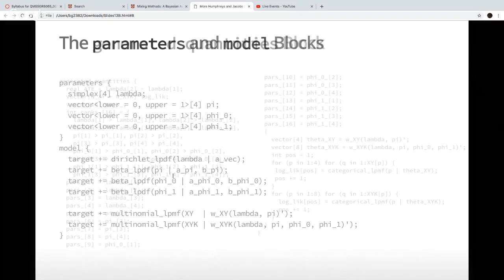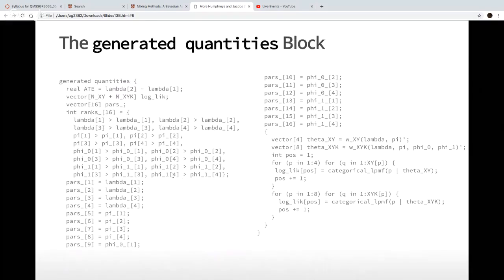So all this comparison stuff can be implemented using the generated quantities block, which we haven't talked about as much, but it can be used to store realizations of things that aren't needed for the log likelihood, but are of interest for various reasons. One of which is the average treatment effect.